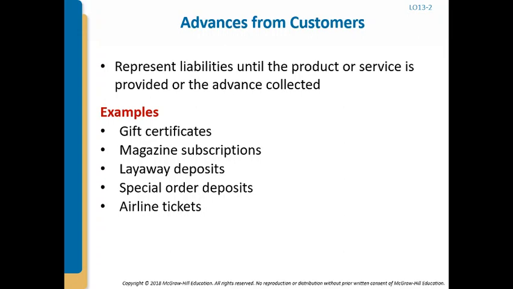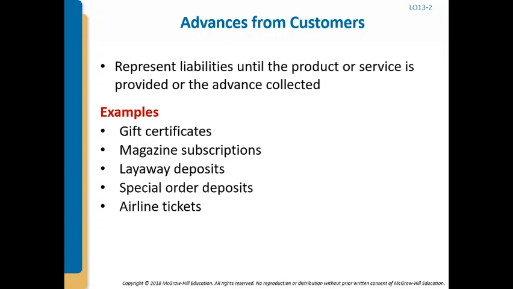Now you can have other types of advances. Examples of this, I mean, the most common is somebody doesn't pay you, well, you sell to someone who is not credit worthy.